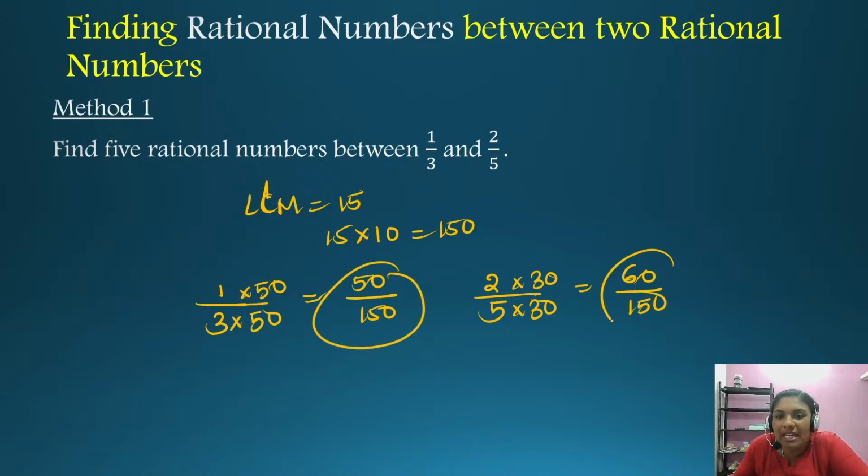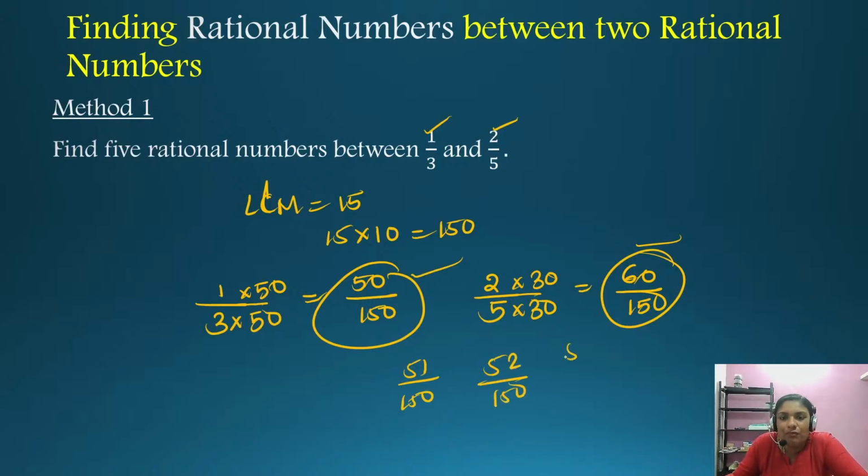See, 50 by 150 and 60 by 150 are the equivalent rational numbers of 1 by 3 and 2 by 5 respectively. So we can pick as many numbers as possible from here, right? So what are the rational numbers present between 50 by 150 and 60 by 150? 51 by 150, 52 by 150, 53 by 150, 57 by 150, then 59 by 150, right?